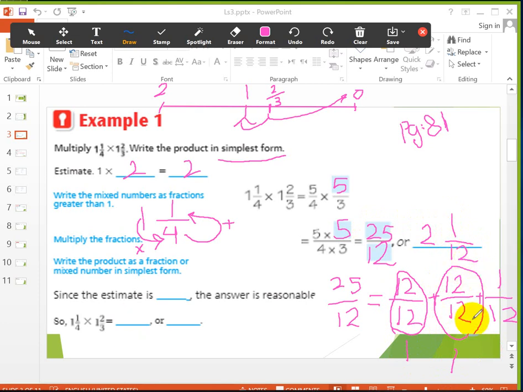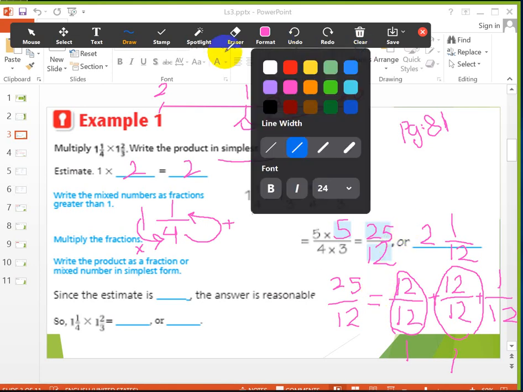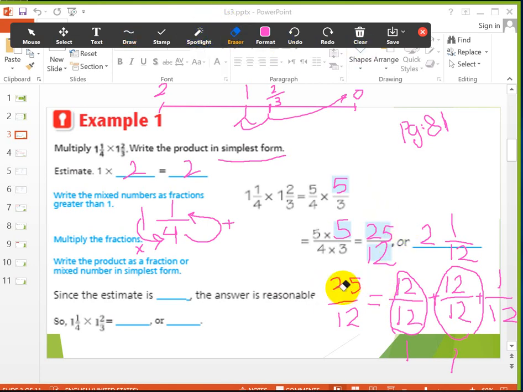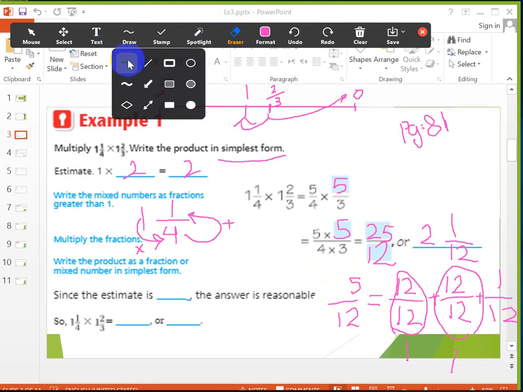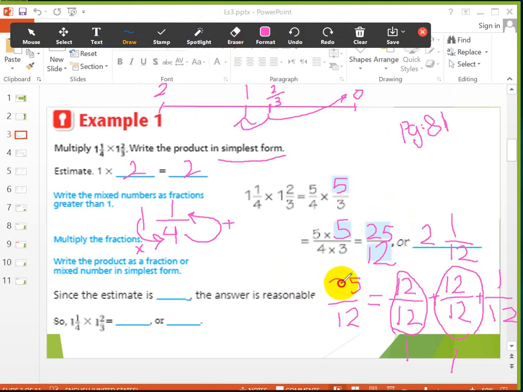I will repeat this step. Now, I want to write this number as a mixed number because I want to write it in the simplest form. How will I do that? Look, numerator here is greater than denominator.